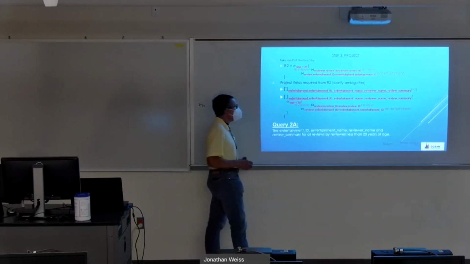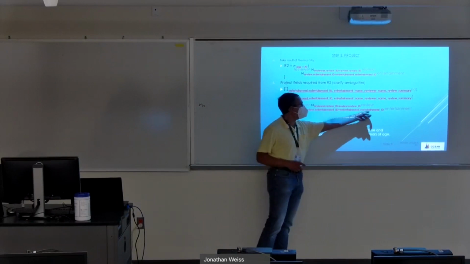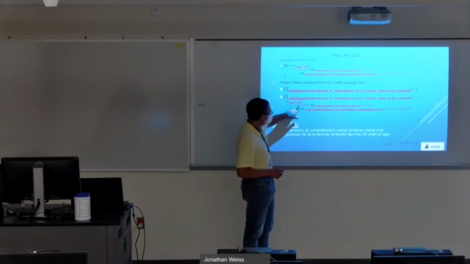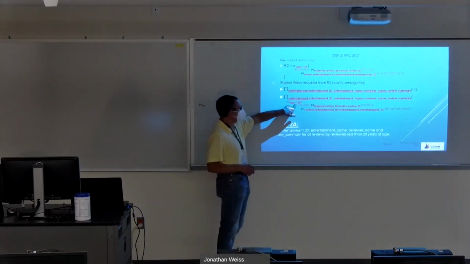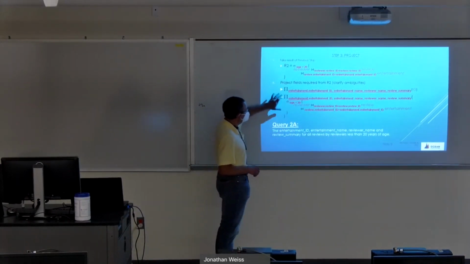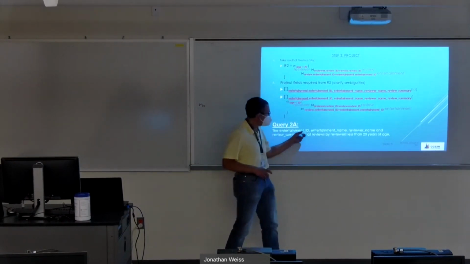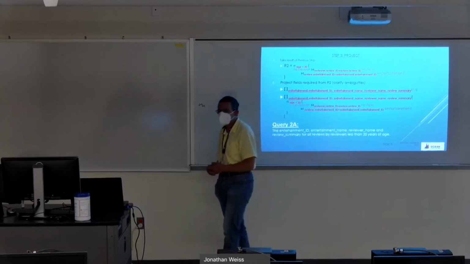Joining together the proper tables on the proper fields, you've selected from that only those records that correspond to reviewers that are less than 20 years of age. And from that, you've only extracted the fields that are being asked for here, which are entertainment ID, entertainment name, and review name.